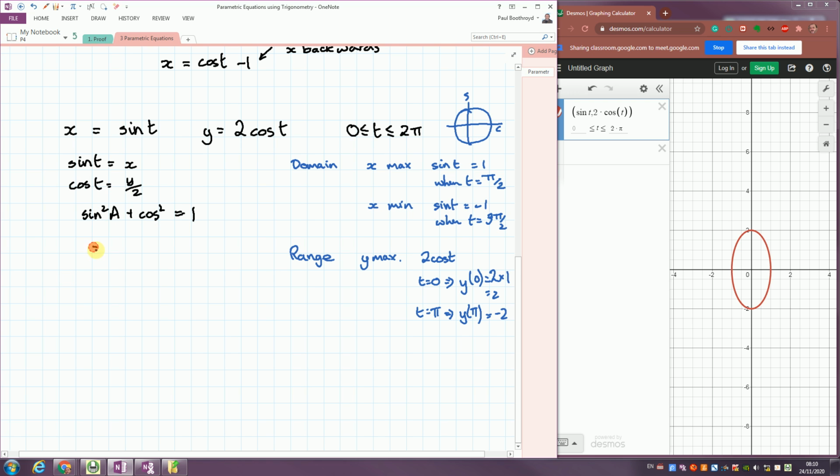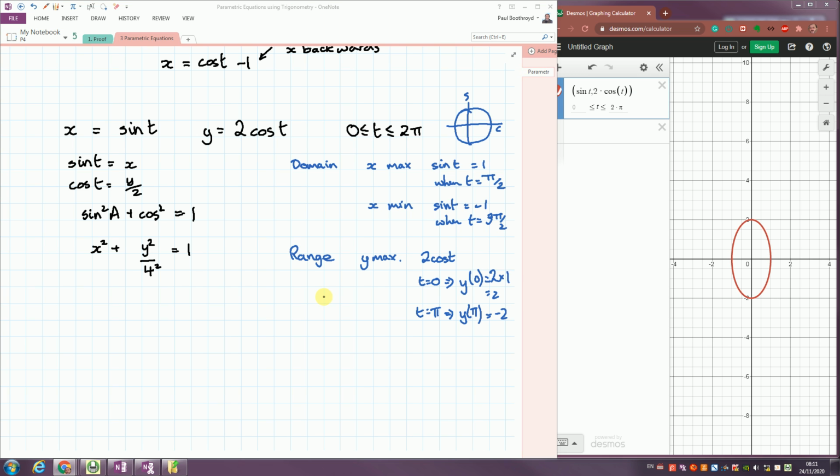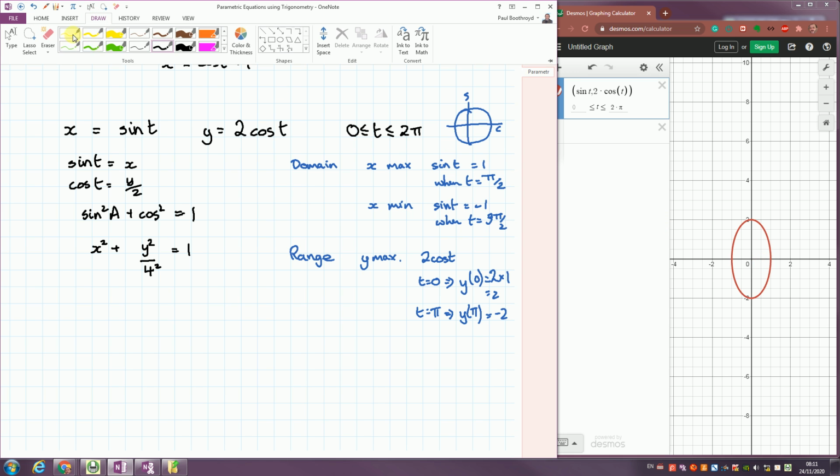Replace those in here and we get x squared plus y squared over 2 squared is equal to 1. And that's the equation for that ellipse. So if you recognise this, the 2 comes from the y direction and the x direction is the bit over on the other side, that leads to a general equation for an ellipse.